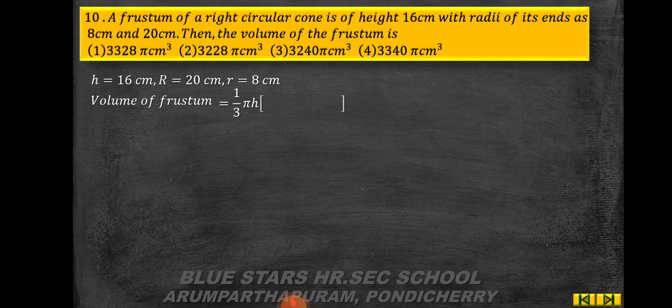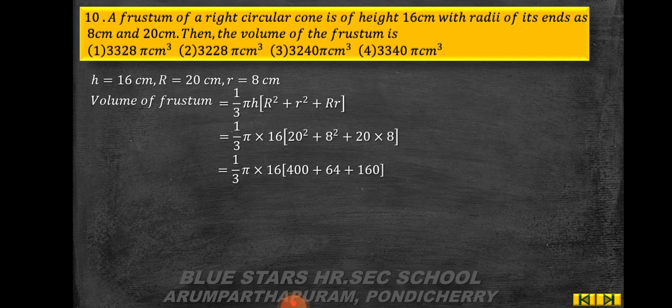Volume of the frustum is equal to 1 by 3 pi h into capital R square plus small r square plus capital R into small r, which is equal to 1 by 3 into pi into 16 into 20 square plus 8 square plus 20 into 8, which is equal to 1 by 3 pi into 16 into 400 plus 64 plus 160, which is equal to 1 by 3 into pi into 16 into 624, which is equal to 3328 pi centimeter cube.